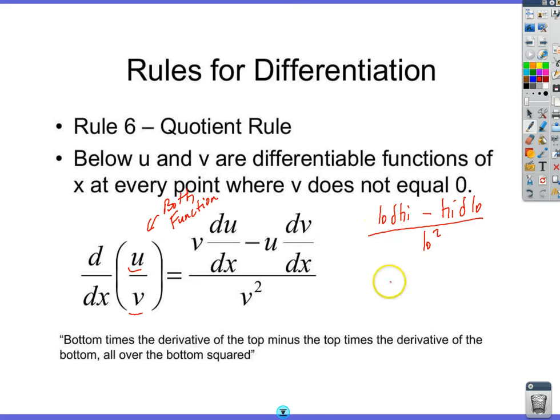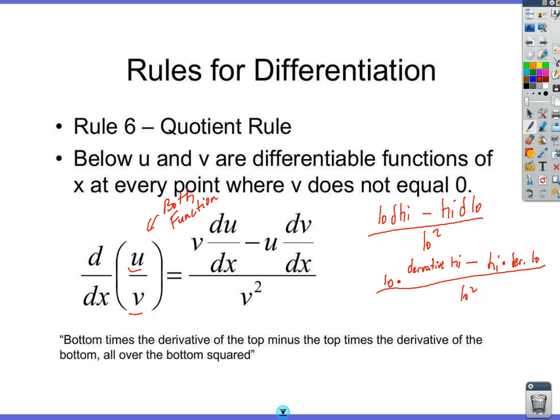If you want to rewrite this out, it'd be low times the derivative of the high, d-high, minus the high times the derivative of the low, all over low squared.